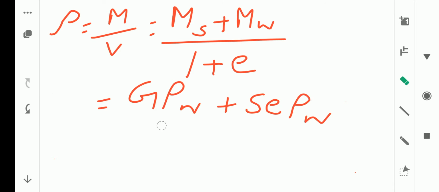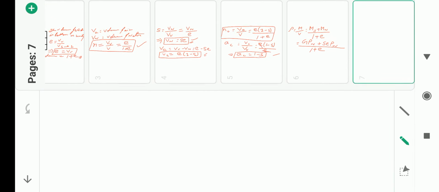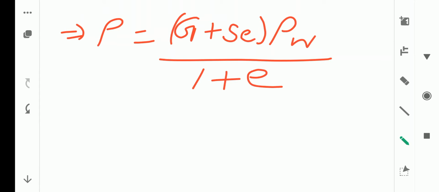Okay, divided by 1 plus E. Or density is equal to, we can take rho W common, so we will get G plus SE into rho W divided by 1 plus E, correct?